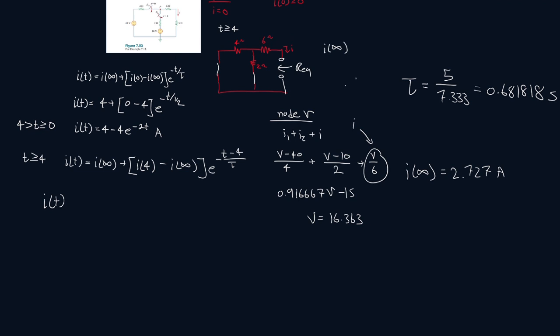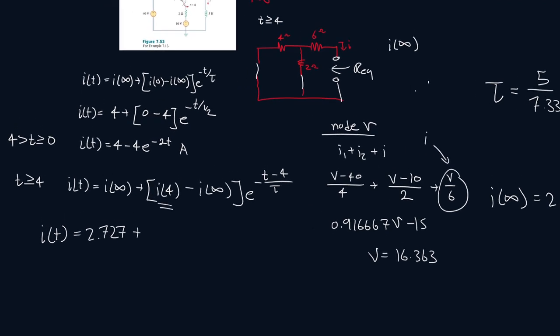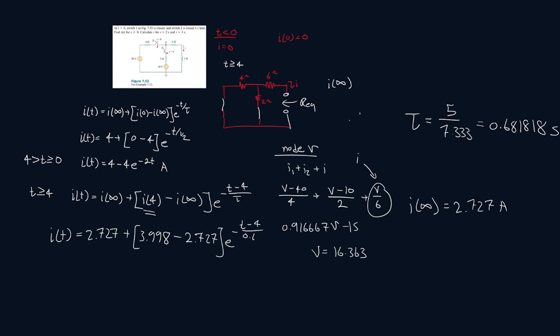So I of t equals I infinity, which is 2.727, plus I of 4. Oh no, I think I erased what I of 4 was. So I have to quickly get that back. I think it was 3.998. Yeah, it was that. Minus 2.727 times e to the power of t minus 4 all over 0.681818.